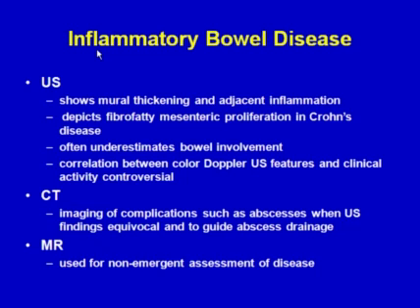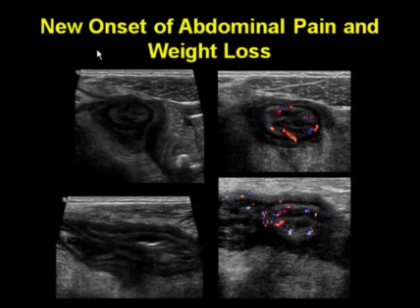CT is used for imaging of complications such as abscesses when the ultrasound findings are equivocal, and may be used to guide abscess drainage, particularly interloop abscesses that may be hard to visualize sonographically. An MR is also frequently used, generally for the non-emergent assessment of disease.